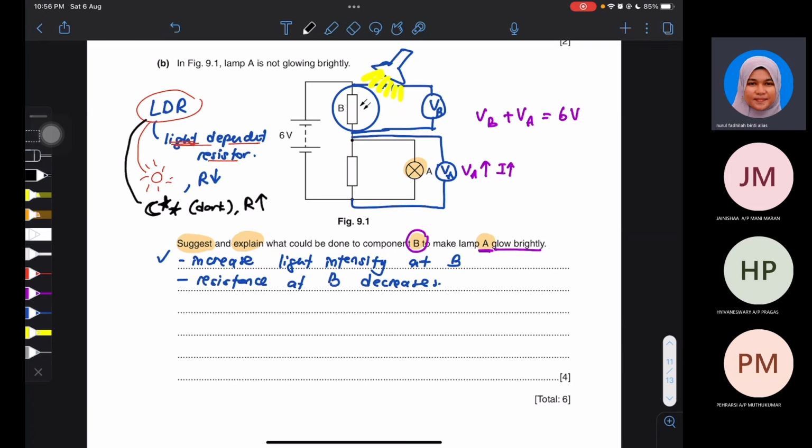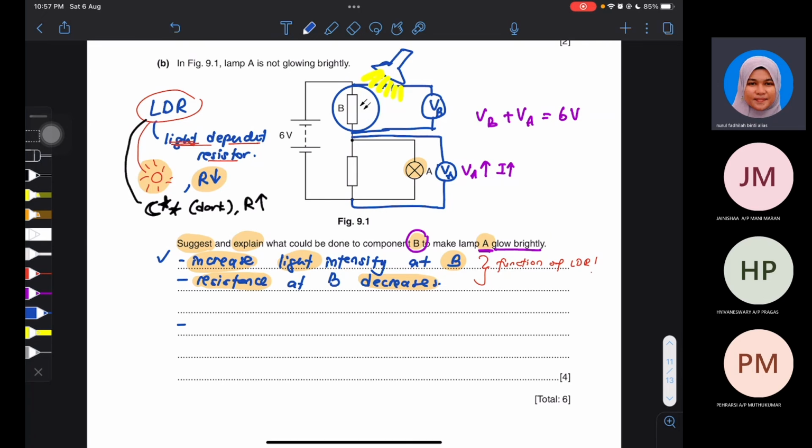Now, you cakap tadi, increase light at B. Jadi, increase light at B is this one kan? So, that is resistance decreases. So kat sini tu sebab jawapan kita resistance decreases. So you kena faham this story. This story is talking about function of LDR. You kena tahulah.